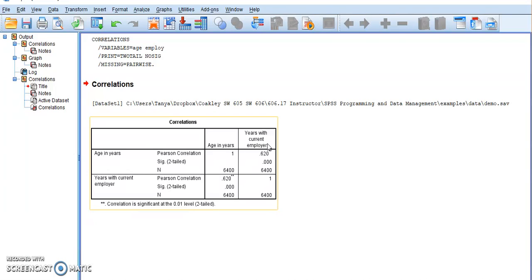As the numbers go up for both variables and they correspond, the r will equal a positive number, and we have that. So that's the first step in testing our hypothesis that age predicts years with current employer.